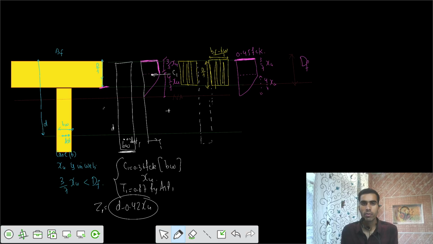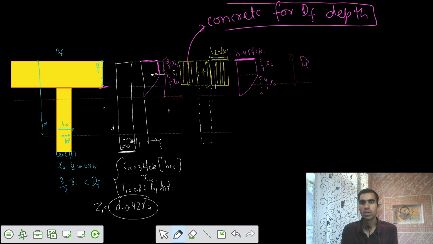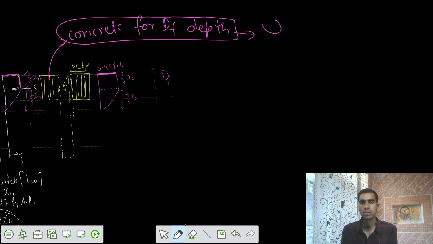So our effective concrete is only for the depth of DF. So we need to calculate the stresses for the DF depth. Let's say this is some stress 2, because we are talking about beam 2. How do you calculate that?